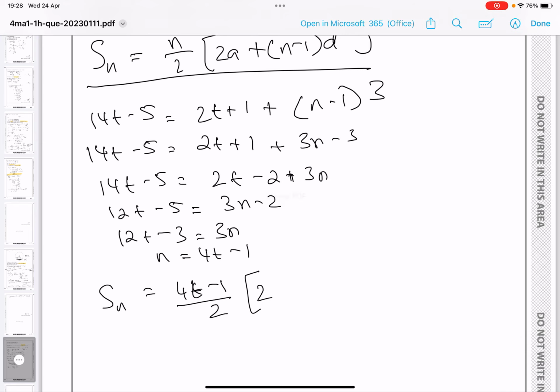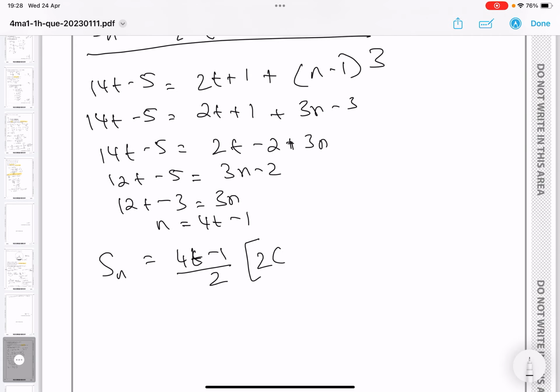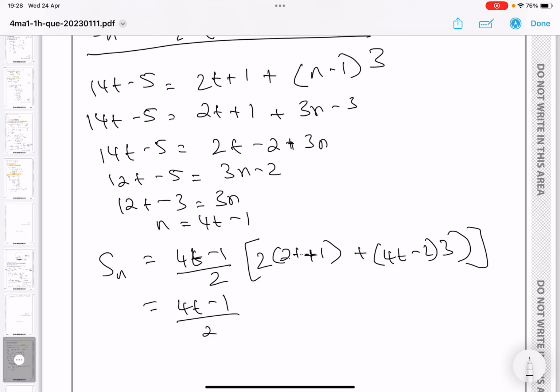We know what a is: 2t plus 1. Plus n minus 1, so 4t minus 1 minus 1, 4t minus 2, times d. Now we just need to simplify this whole equation here.